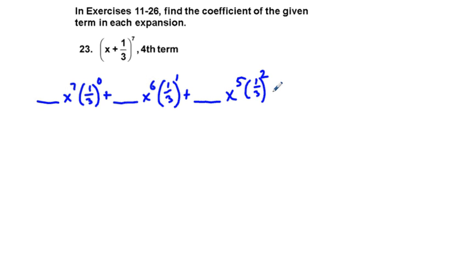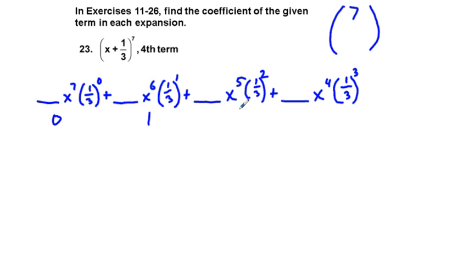And then we have plus some coefficient, x to the 4th power and this 1/3 to the power of 3. And in our n choose r, we're going to have 7 choose 0, 1, 2, 3.